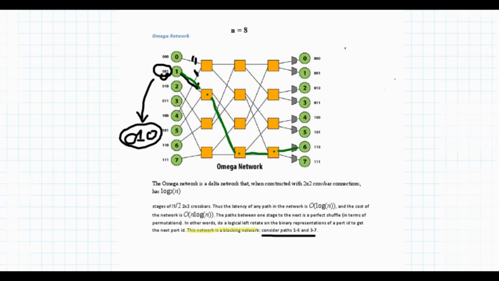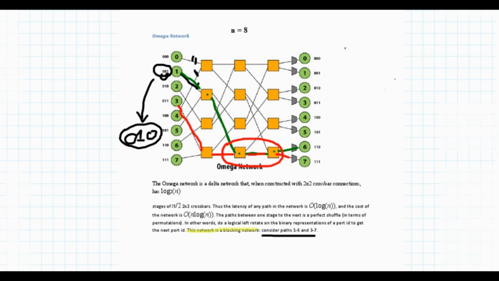Why? Let me make this a red color. To communicate among themselves, they have to follow this path. Now, as the path is already occupied by the communication from 1 to 6, processor 3 and 7 cannot use this path. In that sense, this network is a blocking one.